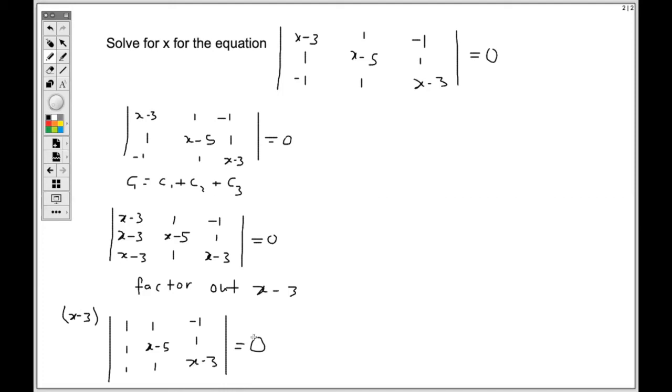Now I'm going to do row operations, because in the first row, first column, I have a 1, so below it I need zeros. For row 2, I'm going to say row 2 is equal to row 2 minus row 1. So I'm doing a row operation in order to get the 1 in the second row, first column, to be 0.